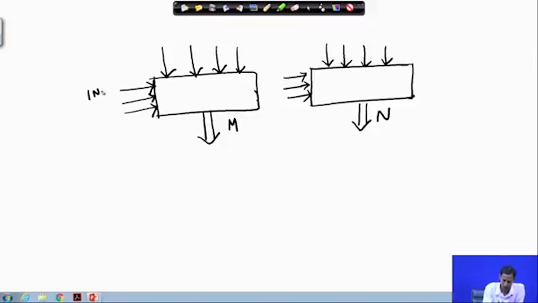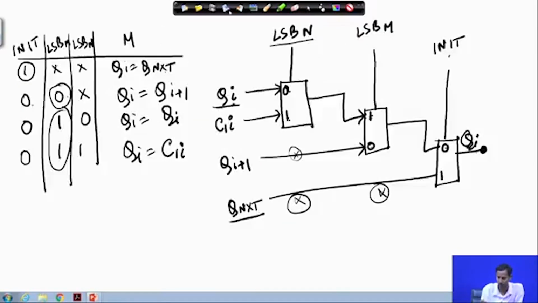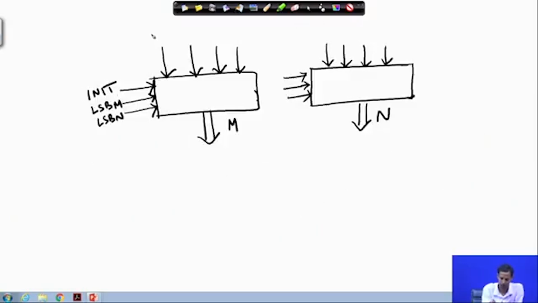This is init, this is LSB of m, this is LSB of n. The first is Qi, then C1i, then Qi plus 1, and then Q next. Here you have to select the corresponding bit position.